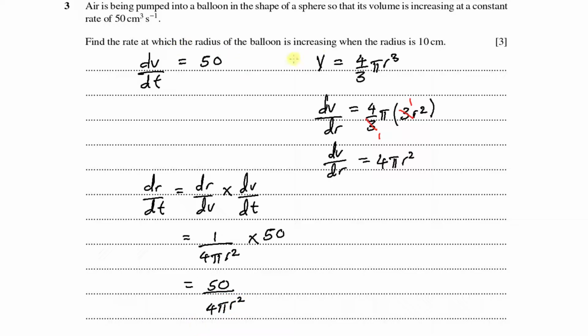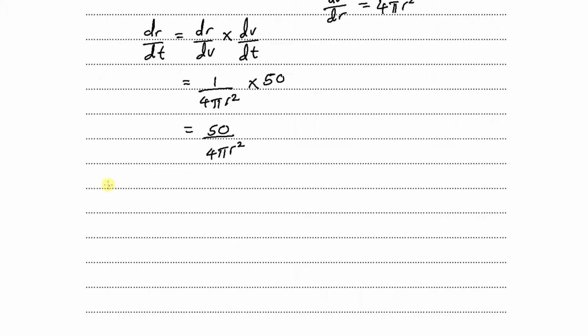But we've been told that we are looking for the rate at which the radius of the balloon is increasing when the radius is 10. So here we're working with r being equal to 10. So when r is equal to 10, it therefore means dr by dt is going to be 50 over 4 times pi times r squared, which in this case will be 10 squared.